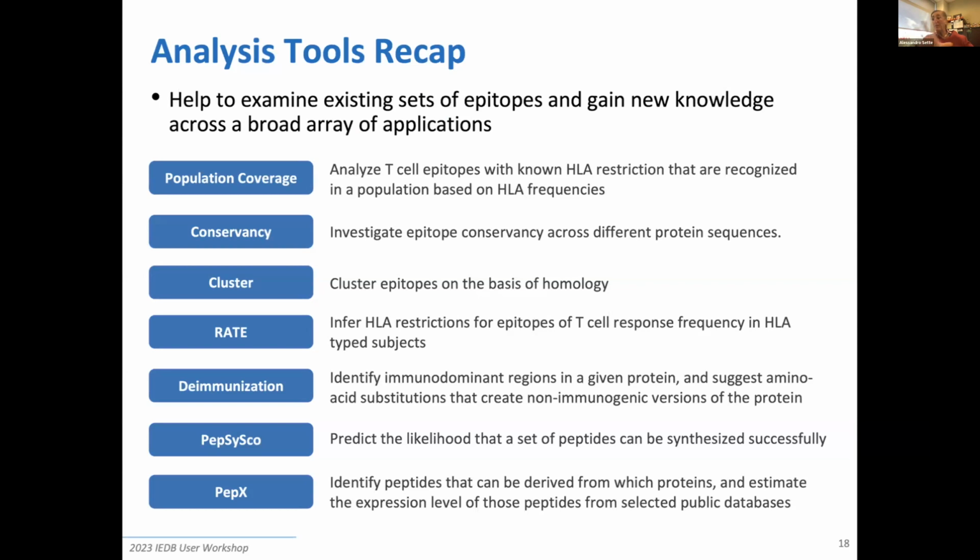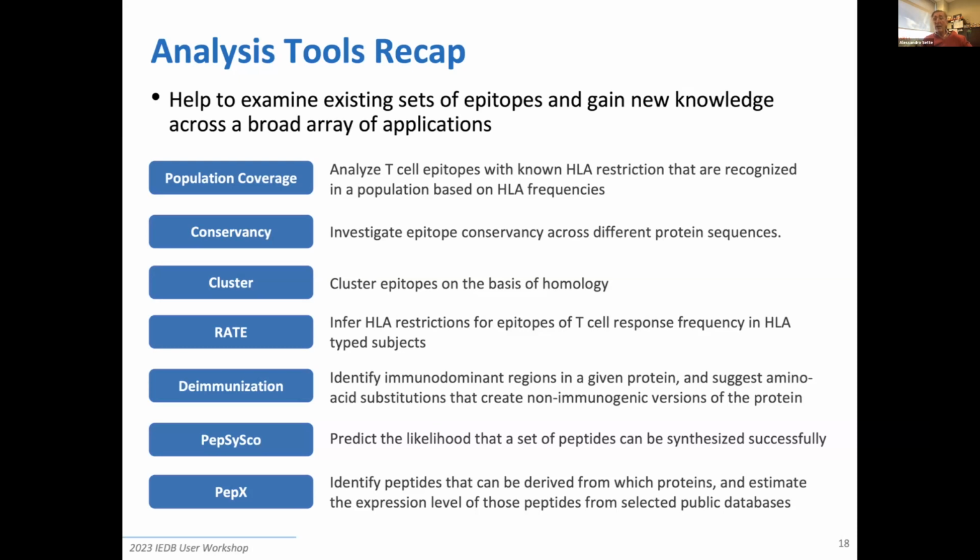Conservancy allows you to determine whether, or how much, an epitope or a set of epitopes is conserved in a target set of sequences. The cluster tool allows you to cluster epitopes based on their homology. The rate tool uses HLA frequency and response rates and the HLA of donors that are known to respond or not to a peptide to potentially infer the HLA restrictions.